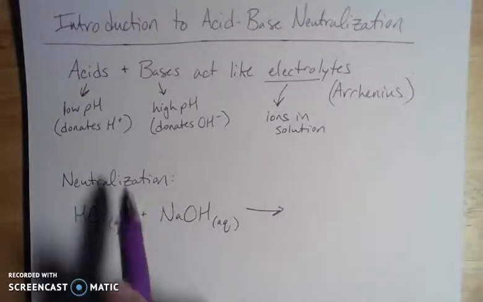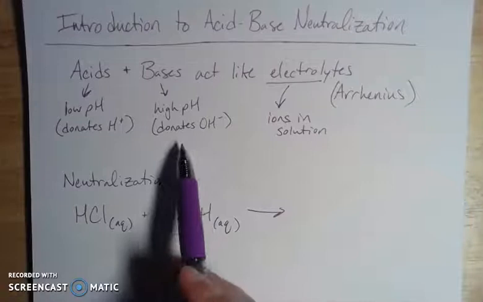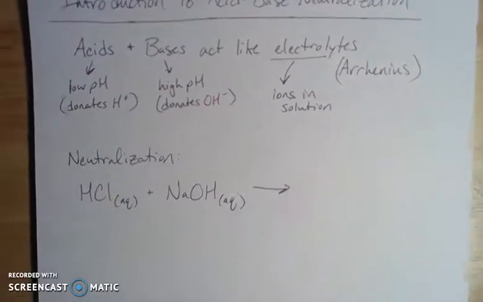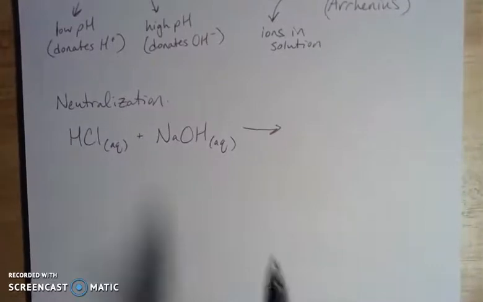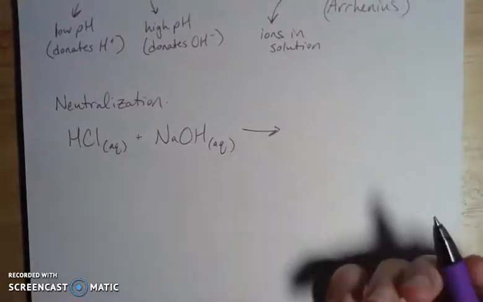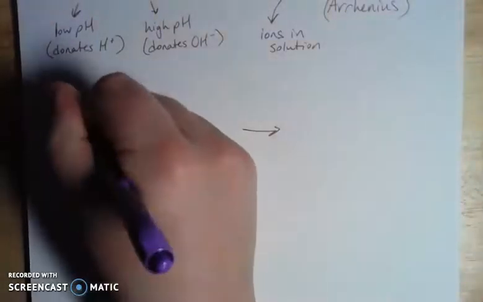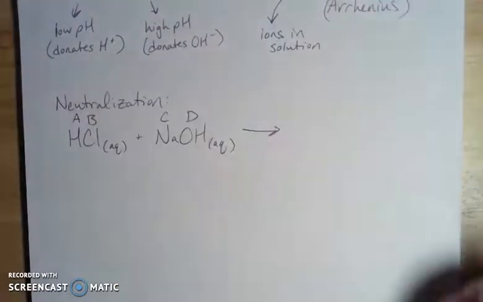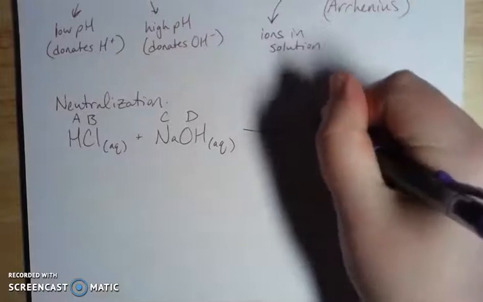Okay, so with acids and bases, acids and bases also dissociate into their component pieces. That's the key to an electrolyte solution, that it splits into ions. And so a neutralization reaction is going to do that same type of chemistry, where AB plus CD is going to give me whatever I have.